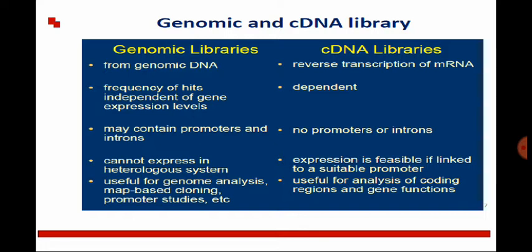So the genomic library is much more complicated, and cDNA is simple. The genomic library can be made from both prokaryotic and eukaryotic cells, while cDNA requires only eukaryotic cells.